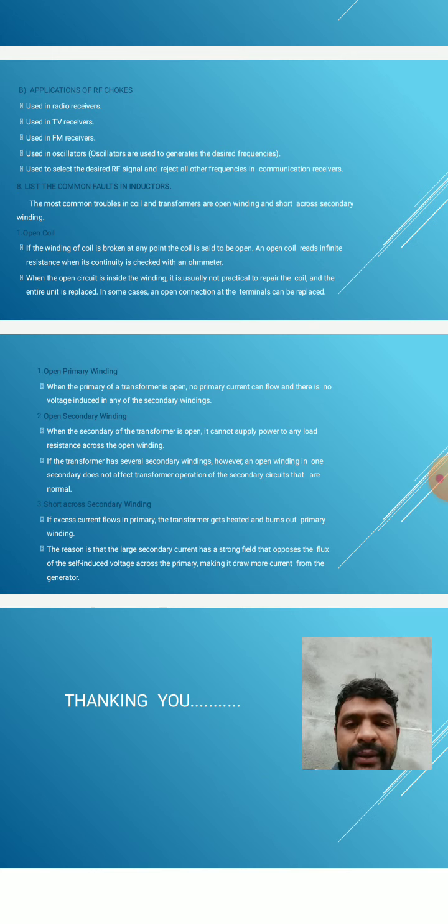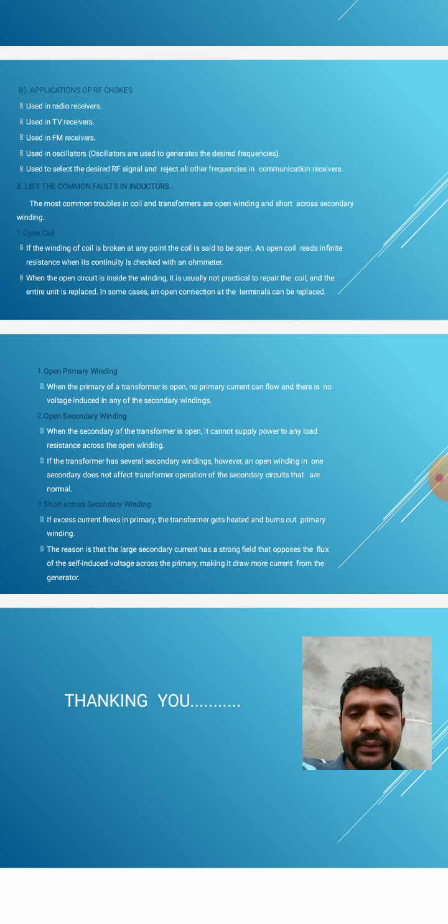Open primary winding. When the primary of the transformer is open, no primary current can flow and there is no voltage induced in any of the secondary windings. If the primary winding is open, there is no induced EMF in the secondary coil. Open secondary winding: when the secondary of the transformer is open, it cannot supply power to any load resistance across the open winding.